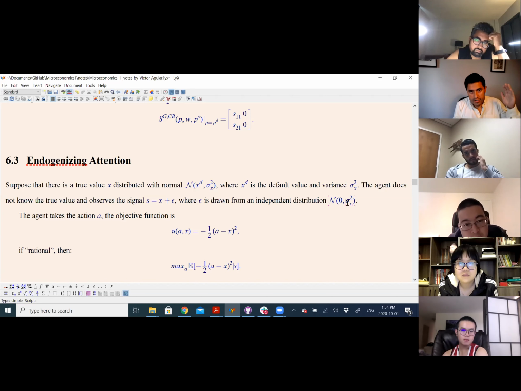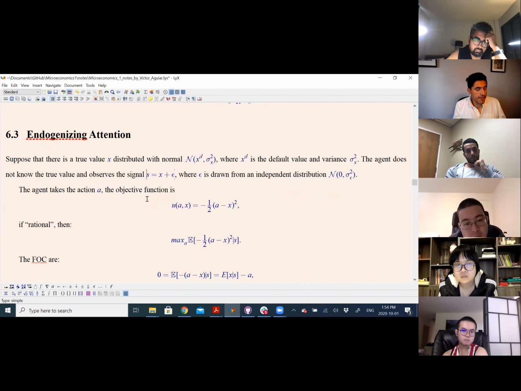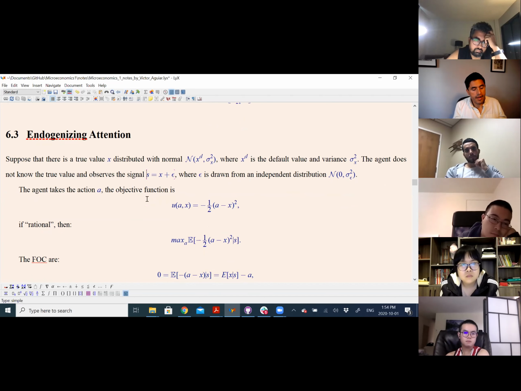You can imagine other examples, but in particular, S is going to be the noisy signal. The fact that they are normal is just because we want to make things simple, but in general they may have any distribution.